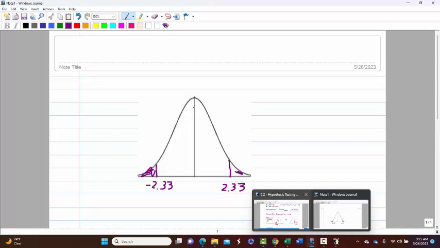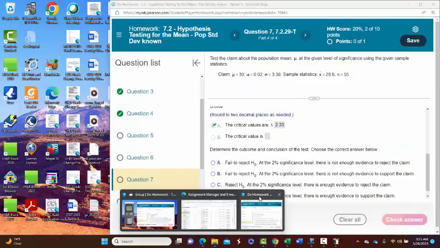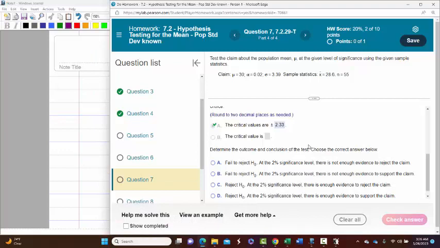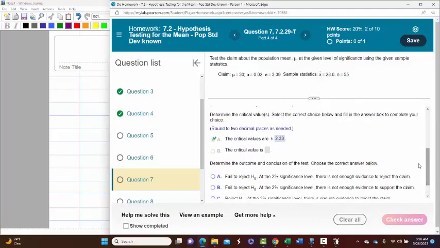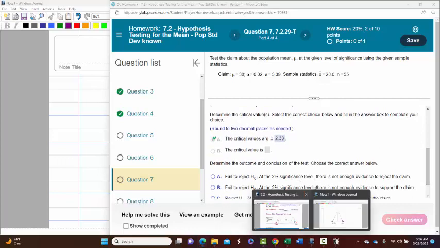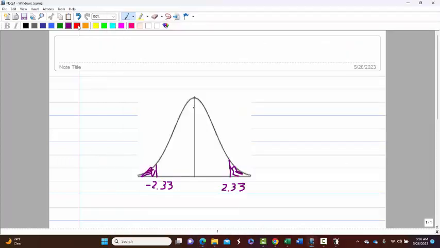And then what was the test statistic? Negative 3.06. So negative 3.06 would be to the left of the critical value. I mess up every time I try to put the decimal there.